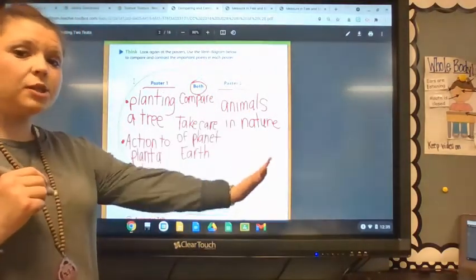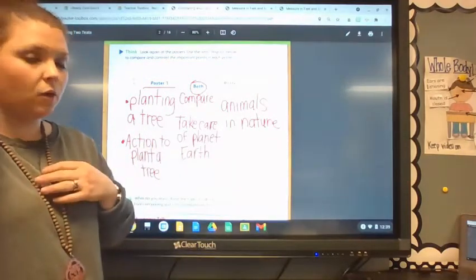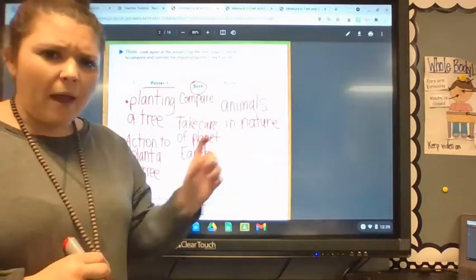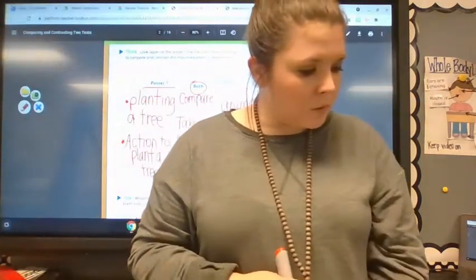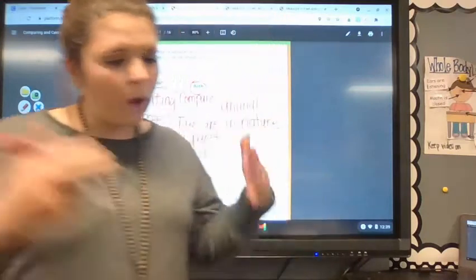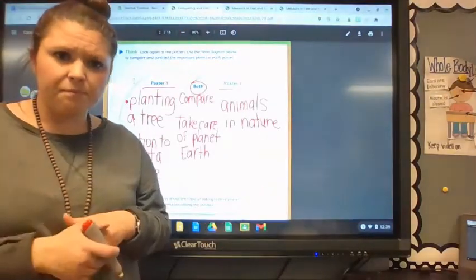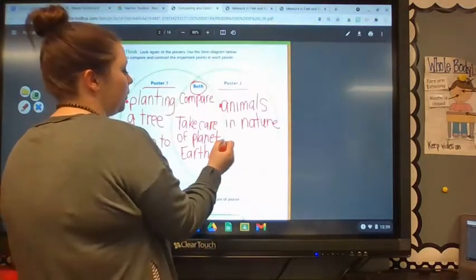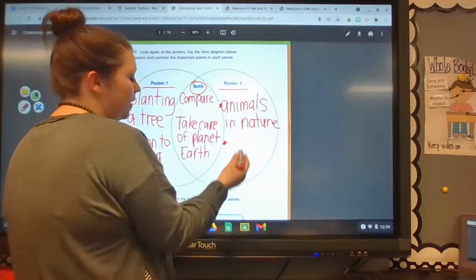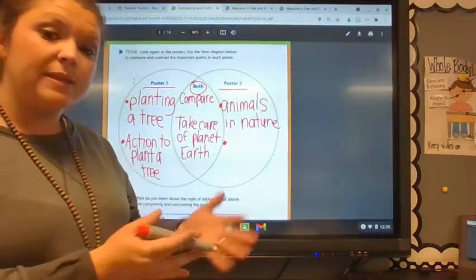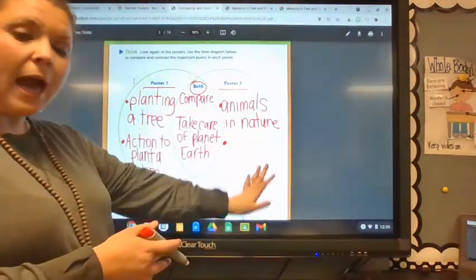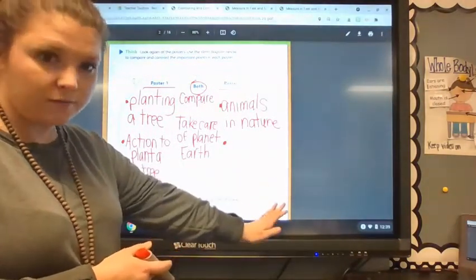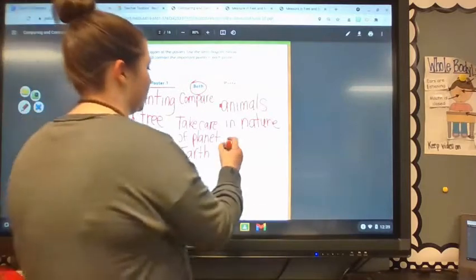What did they tell us to do in poster 2 that was different than what they told us to do in poster 1? Well, that last sentence says, the animals will thank you. So what would the animals thank us for? For taking care of the earth, right? So here in poster 2, they're not really focusing as much on planting things as we should do the things that help animals to survive and to take care of the things in nature.